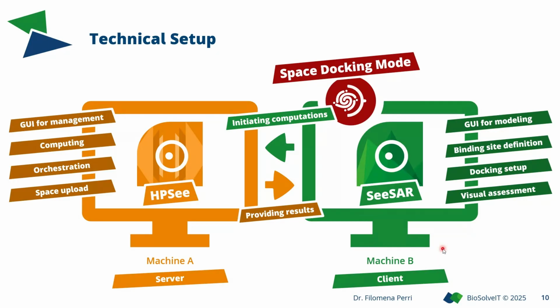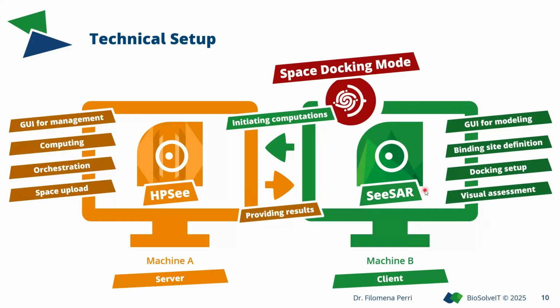On the other side, CSAR operates on the client side. This is a very interactive environment where there is a place for the scientists to look at and assess the binding site, set up the docking experiment, and do the visual assessment of the output. These two platforms communicate through what we from now on call the space docking mode.